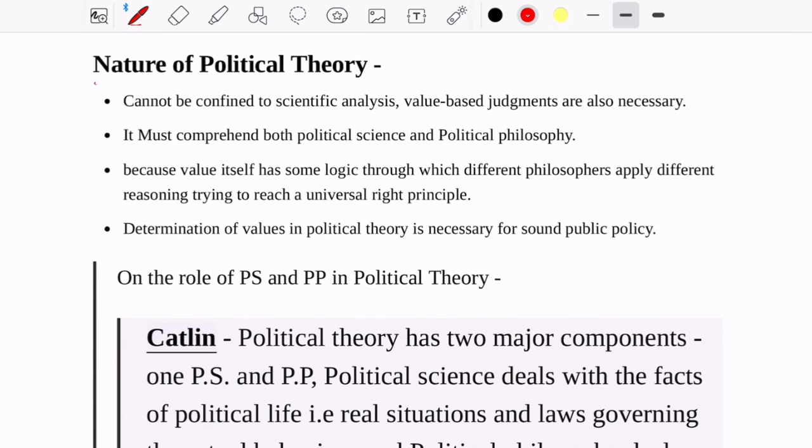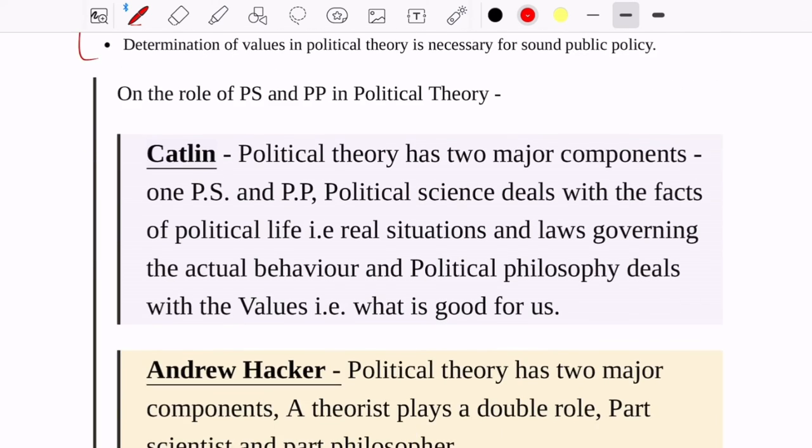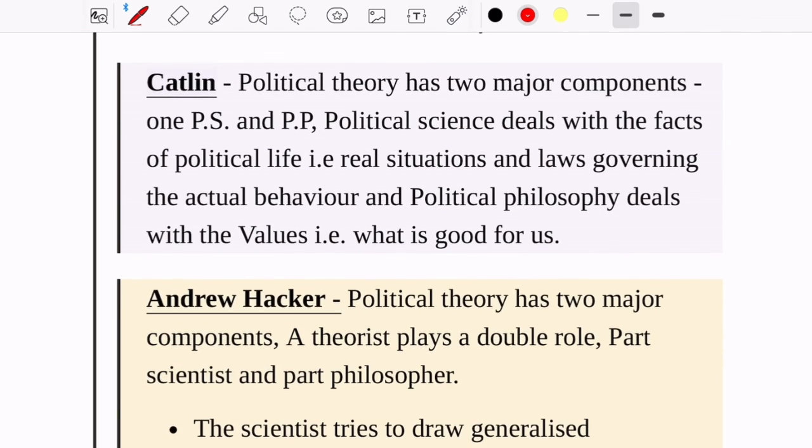So now we will talk about the nature of political theory. As I said, you cannot be confined to scientific analysis, value based judgments are also necessary. So in a short way, you cannot confine it to only political science or only political philosophy. It contains both. The analysis is based on both things. We'll look into some philosophers like Catlin and Andrew Hacker.